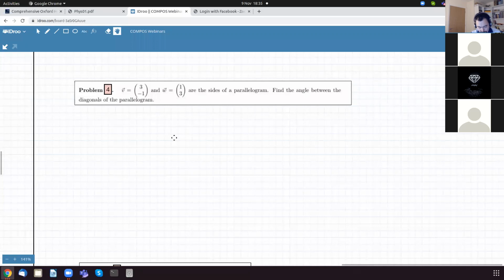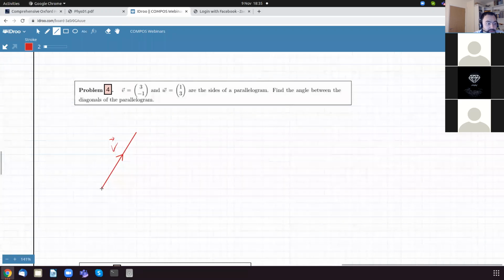Okay, so first thing we need to establish is what the diagonals are and how to find them. And this all comes down to an accurate sketch. So let's say this is vector v. I'm not trying to draw this, I'm not even looking here, I'm just drawing arbitrary vectors.